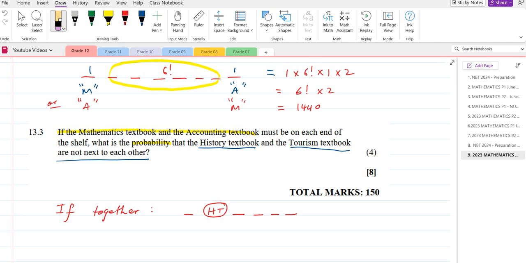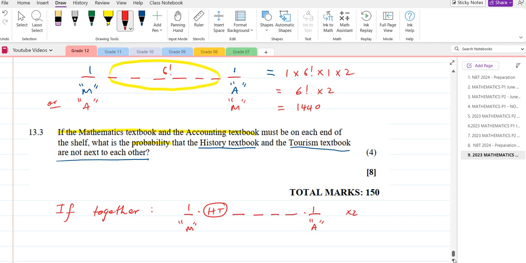Because we grouped them up, we're just left with 4 others, and 1 2 3 4 5 6 7 8. Remember, that's mathematics, and that's accounting, right? That's at the end, so that's 1 times that times 1 at the end, so we don't have an option, or mathematics and accounting, so times 2.